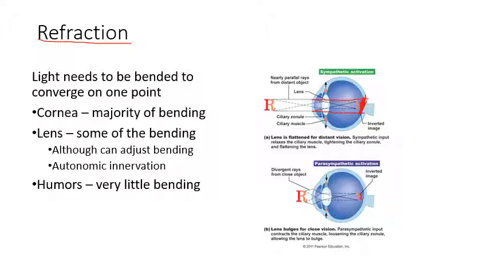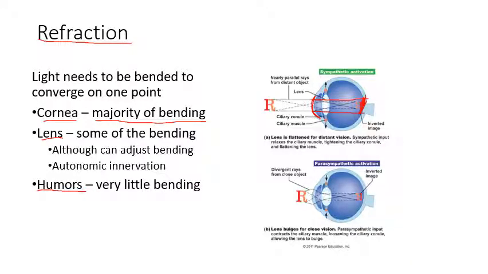There are three main components: the cornea, the lens, and the humors, those fluids inside the eyeball. The one that does the majority of the bending is the cornea, that outer clear portion of the eye.